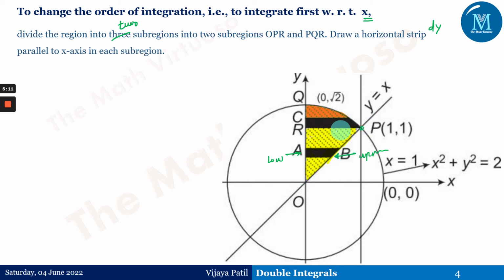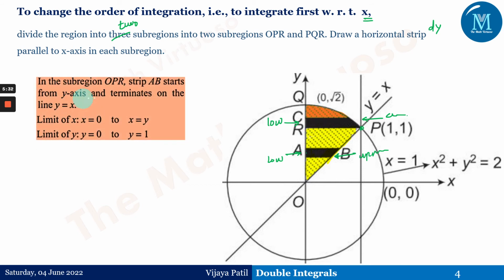But as soon as the strip crosses the point P, the lower end is on the y-axis, but the upper end shifts from y equals x to the circle. And that's the reason this one region is divided into two different regions.